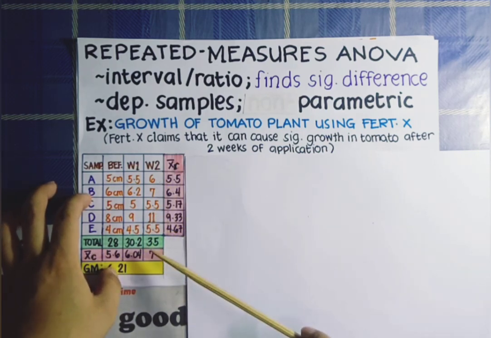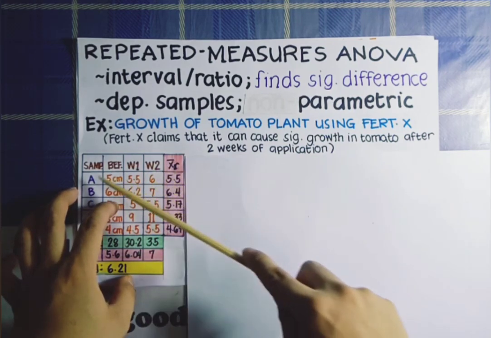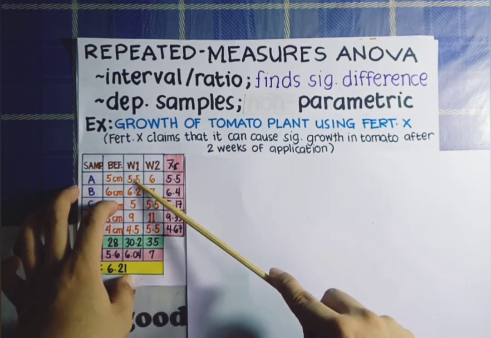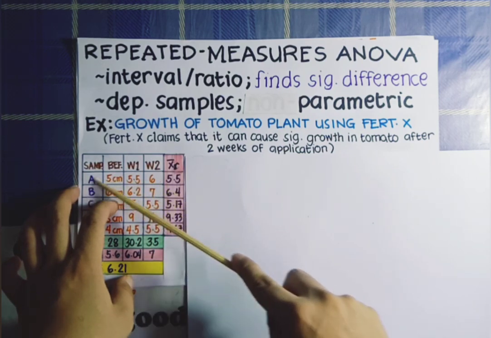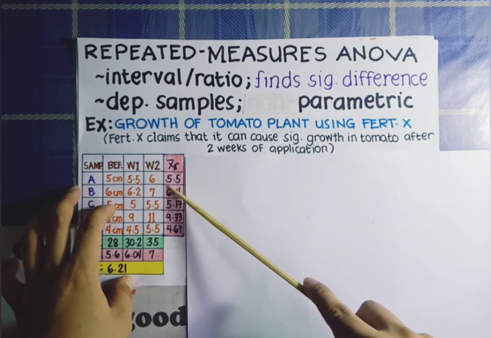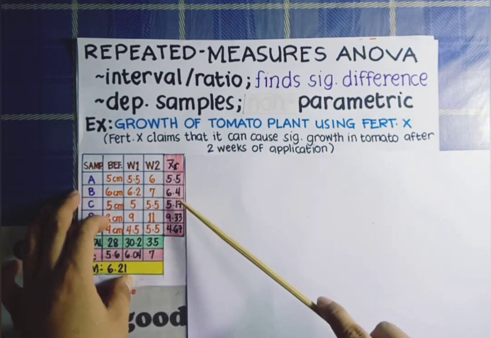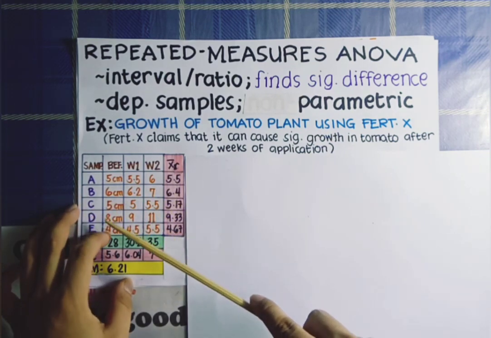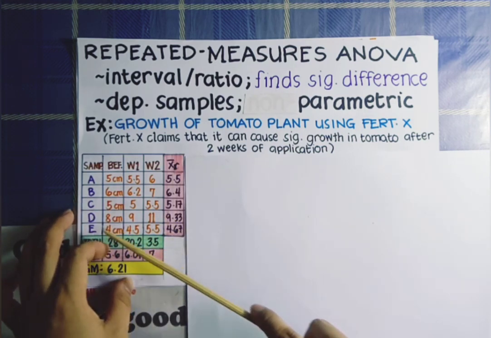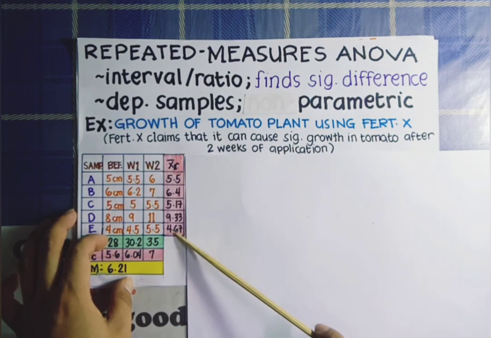Now aside from this, we also obtained the mean for each row. Like for sample A, we have here 5 plus 5.5 plus 6, and the mean for this row is 5.5. For sample B, that's 6.4. For sample C, that's 5.17. For sample D, that's 9.33. And for sample E, that's 4.67.